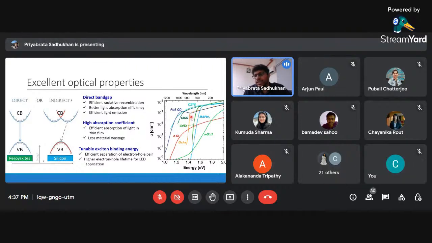That's why most of the silicon substrates used for making solar cells are about 0.5 millimeter thick, so that they can absorb all the light falling onto them. But for perovskite-based solar cells, like methyl ammonium lead iodide-based solar cells, the film thickness is only about 500 nanometers. That is 1,000 times thinner than silicon.